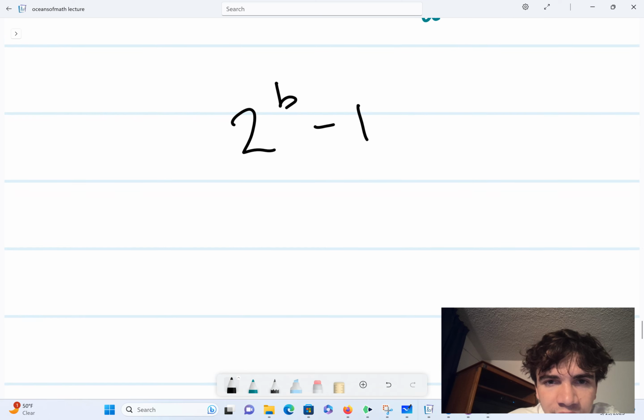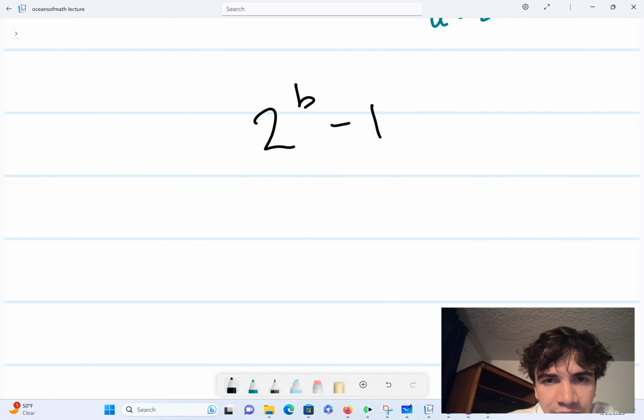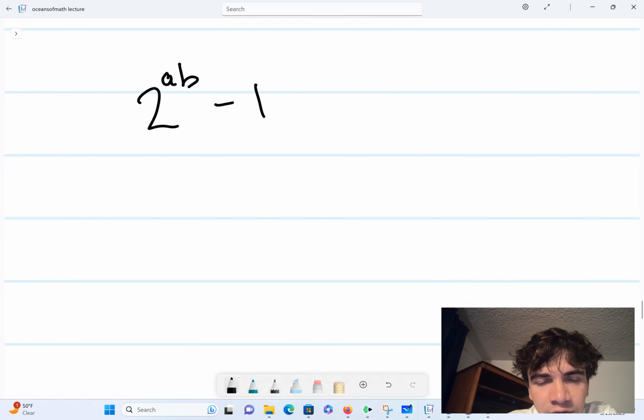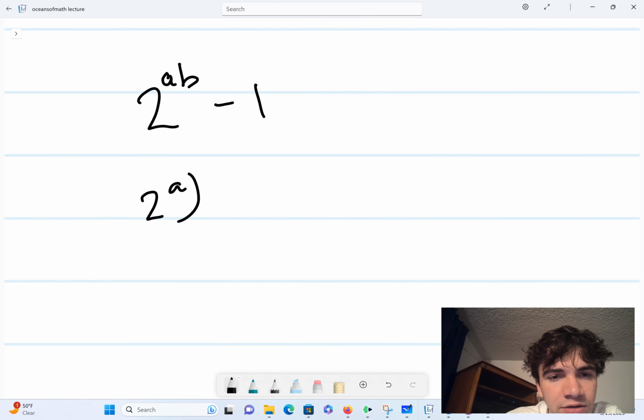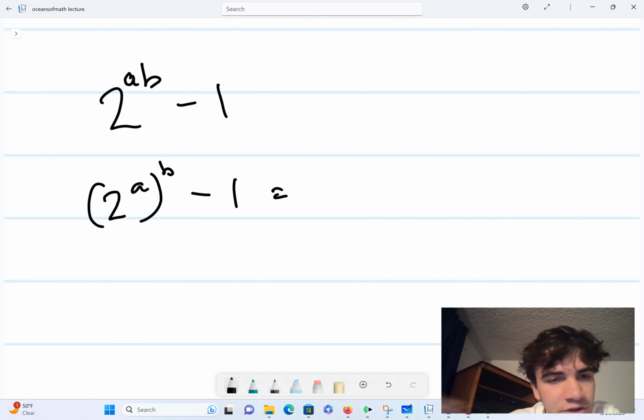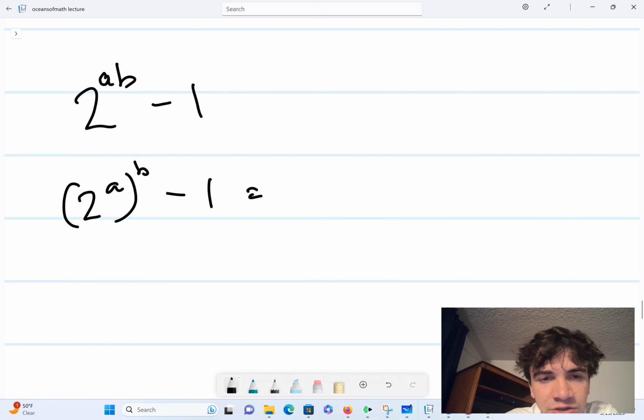So let's write 2 to the ab, like this, and suppose we have a composite number in the exponent of the 2. Now I can use the same exact trick where I view this as 2 to the a, all to the power of b, minus 1. So I'm just going to expand again, using that same expansion of the difference of nth powers.